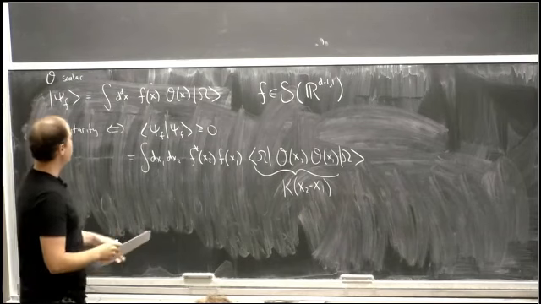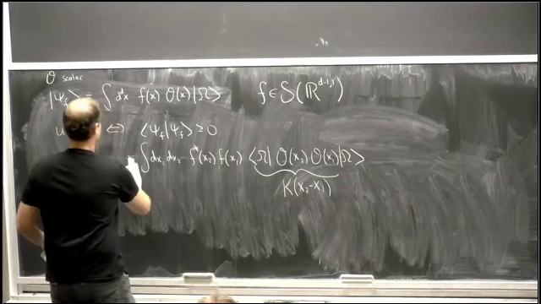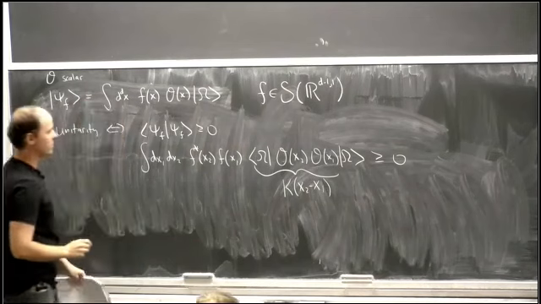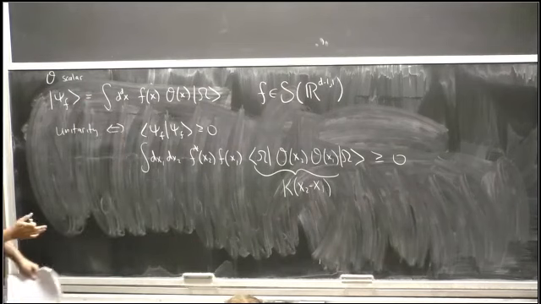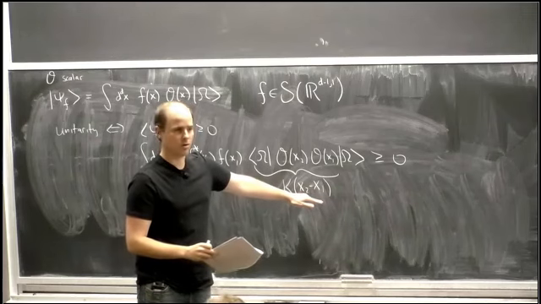So the statement is that this integral should be positive for all test functions f. Another way to say that is that this kernel should be a positive definite integral kernel.